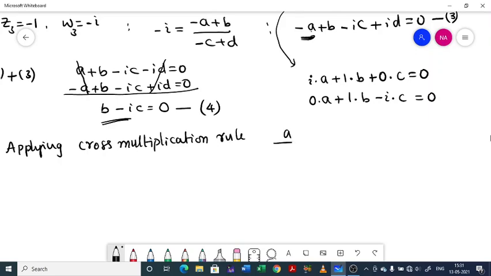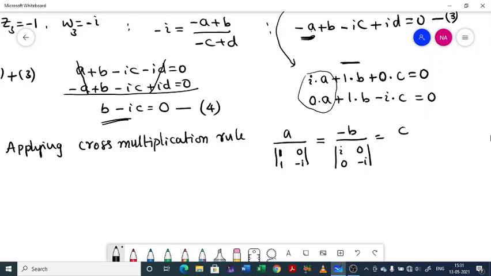We will have A divided by the determinant of these two, where you rule out the A column and consider the remaining: the determinant of the matrix whose first row is 1, 0 and second row is 1, minus i. Next, you rule out the B column, equal to minus B, using the alternate sign: minus B divided by the determinant of the matrix whose first row is i, 0 and second row is 0, minus i.